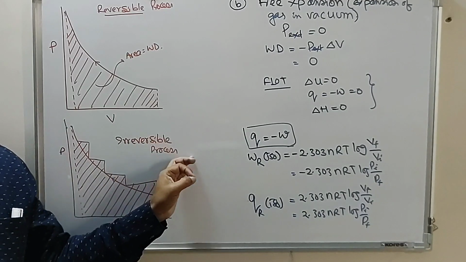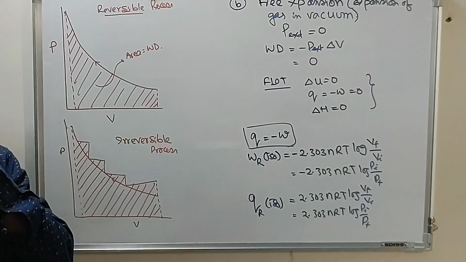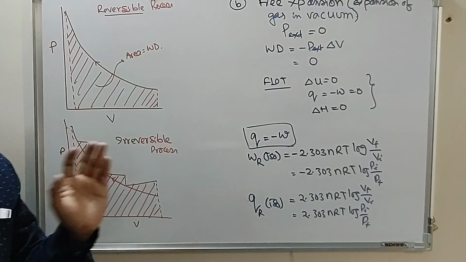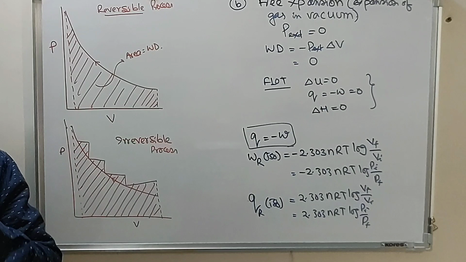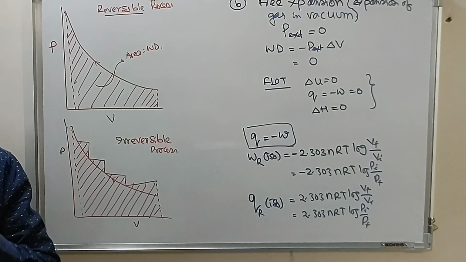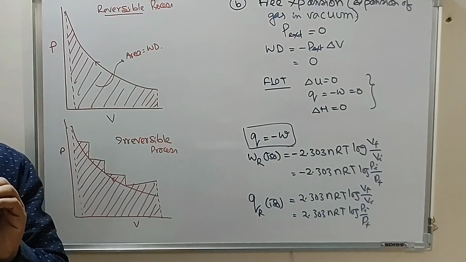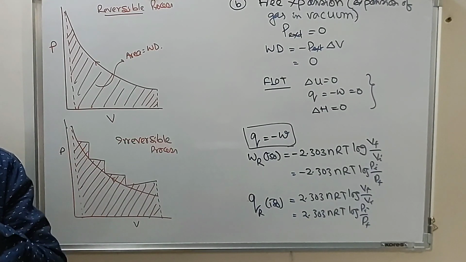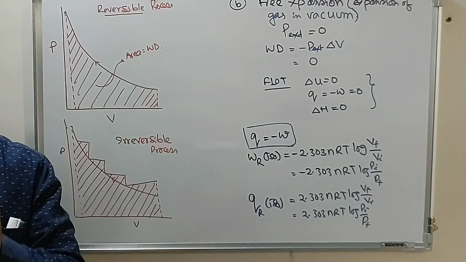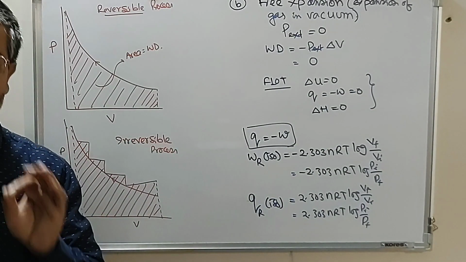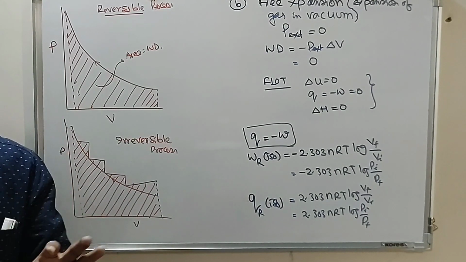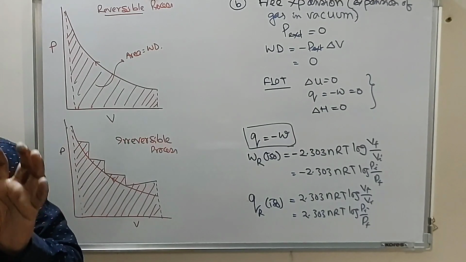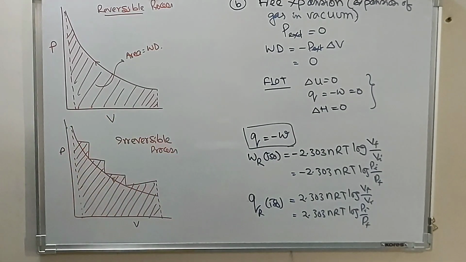So whenever the question says maximum work, that means the process is reversible. Why? Because in a reversible process, at each and every step we add infinitesimally small contributions, and that represents the maximum work. So reversible work is always the maximum work.